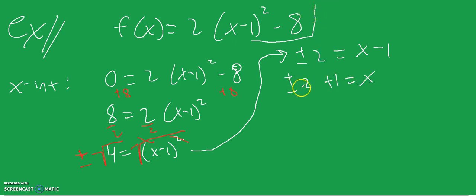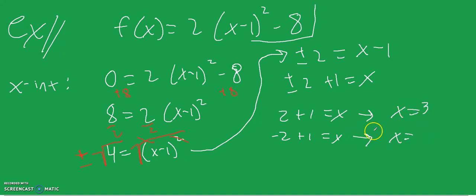This really gives me two different equations, one with a positive 2 and one with a negative 2. So that gives me 2 plus 1 equals x, and negative 2 plus 1 equals x, which means that x equals 3, and x equals negative 1. So these are my x-intercepts.